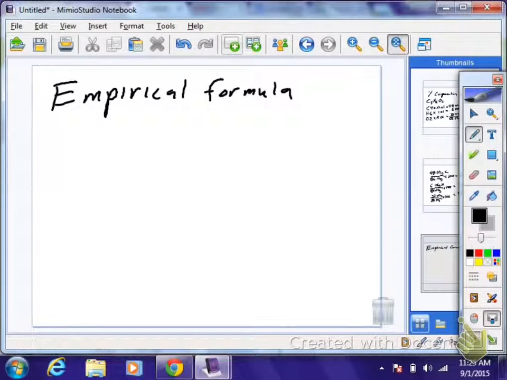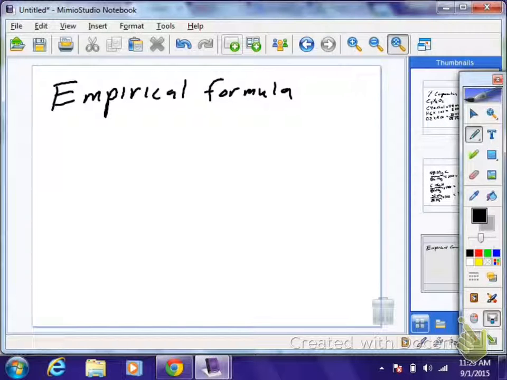Now, if I give you grams and they don't add up to 100 grams or 100%, that's based upon a lab. You're going to do a lab, measure out some weights, and get individual weights that you can just convert to moles. So you can do either percentages or actual weights based upon data of an experiment.